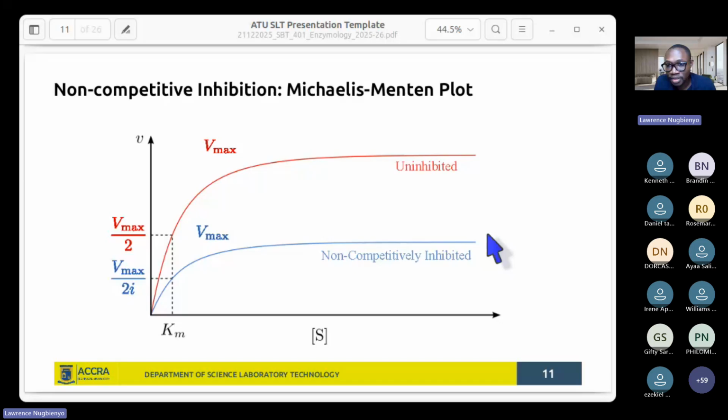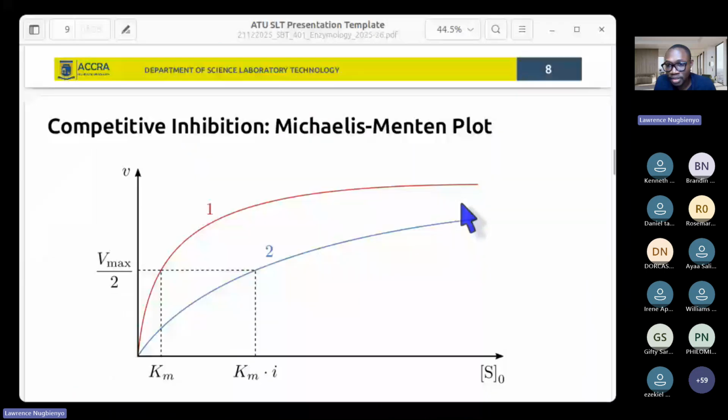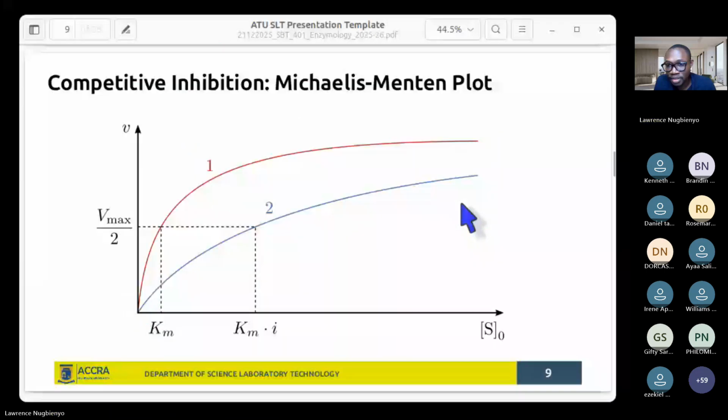It doesn't mean the reaction is not occurring. It is occurring. The product is forming, but the reaction is slowed down. That's what the inhibitor does. It is the same thing even if you are referring to the competitive inhibition. Product is being formed, but the activity of the enzyme is slowed down. Is it clear? Okay, sir. It is clear. All right. Thank you.